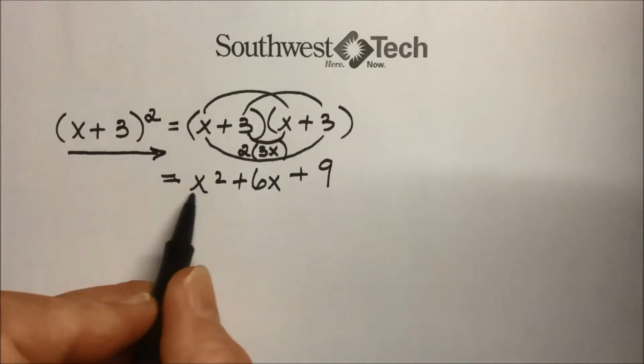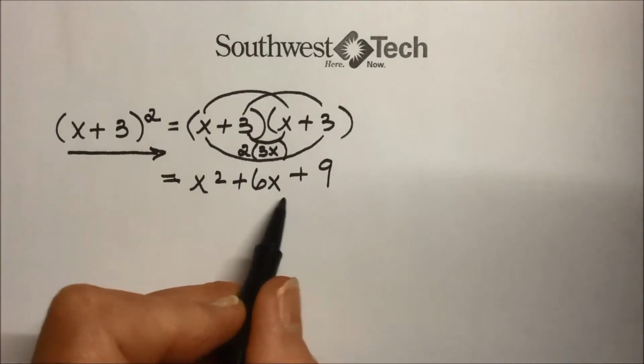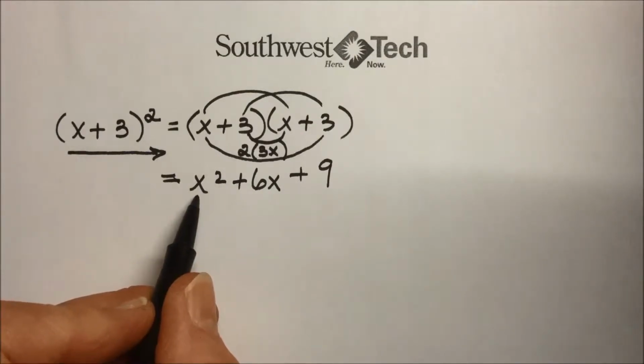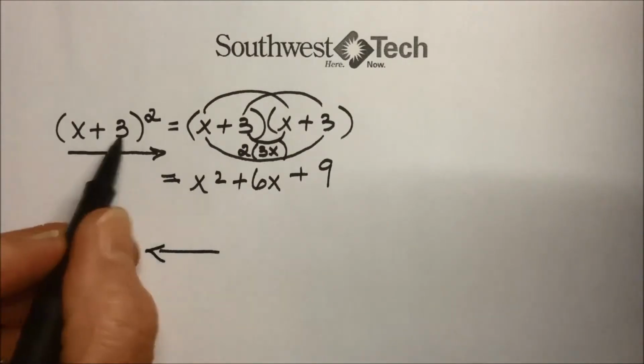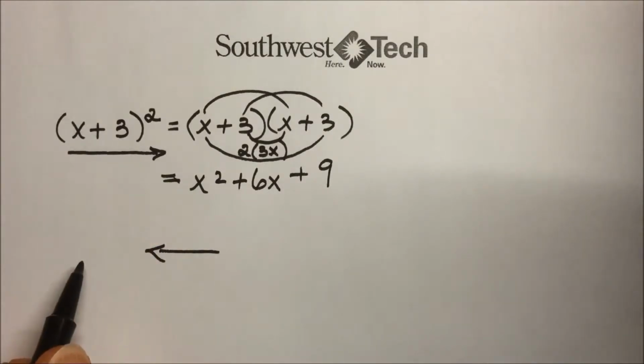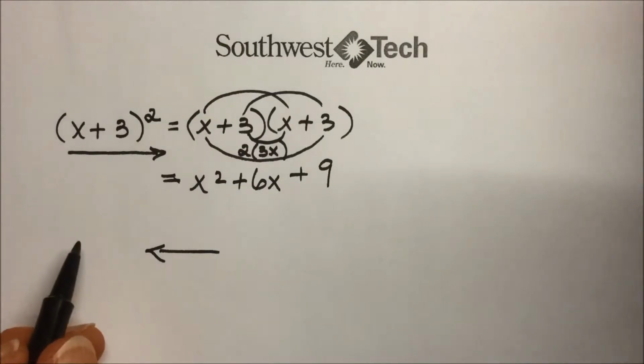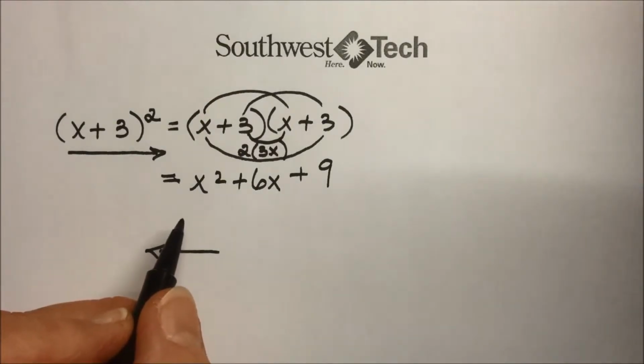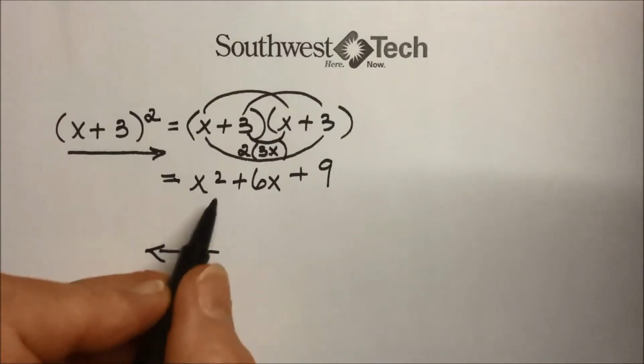where we just went from multiplying together. If we're presented with this polynomial and we're to factor it, and we want to break it down to what two things multiply together to equal it, we can do a quick check. Two terms must be squares.